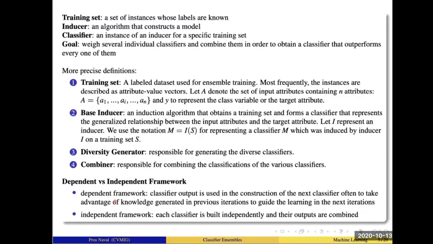That's the dependent framework. In the independent framework, each classifier is built independently and their outputs are combined. Again, we will also talk about this in the next slides.